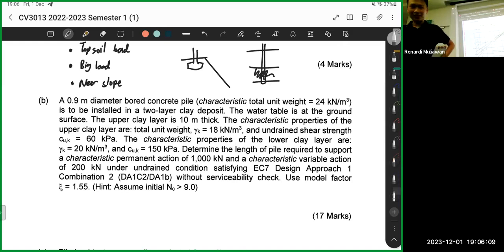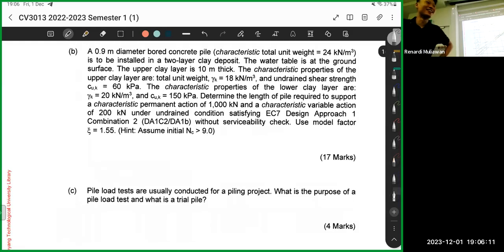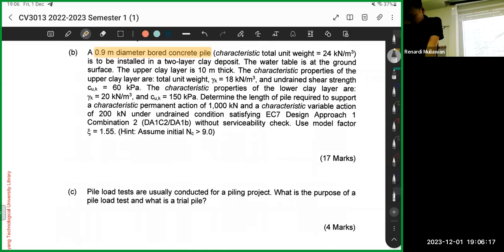Okay, next. This is the template question. For example, they give a 0.9 meters diameter.